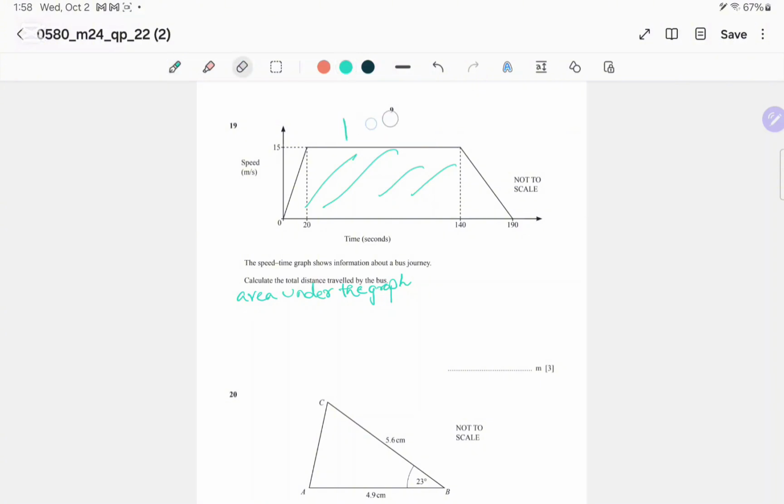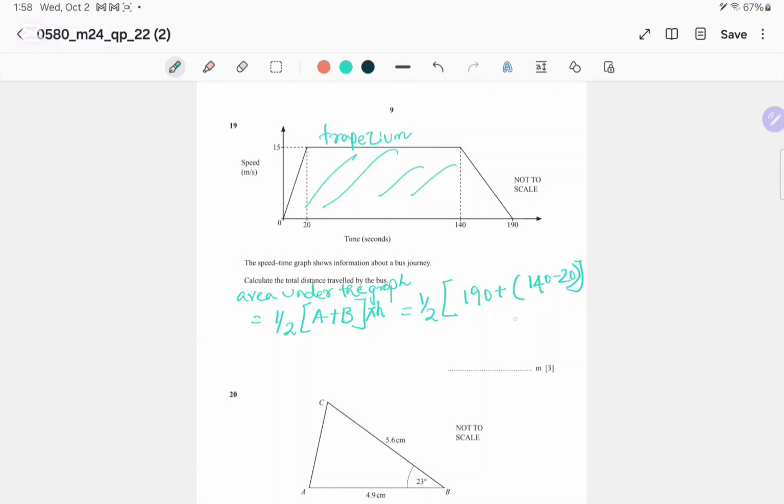Okay, 1 minute. Okay, so for a trapezium, area formula is half into (a plus b) into h. Okay, h is the perpendicular height, so half into a is, what is the maximum length? 190 plus the shortest distance in between, the smallest part, is 140 minus 20.